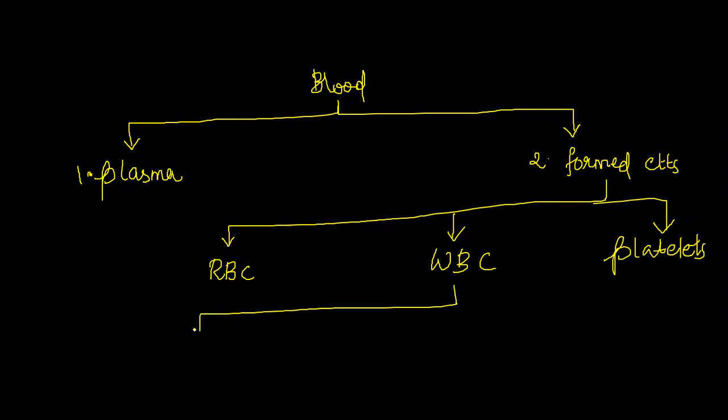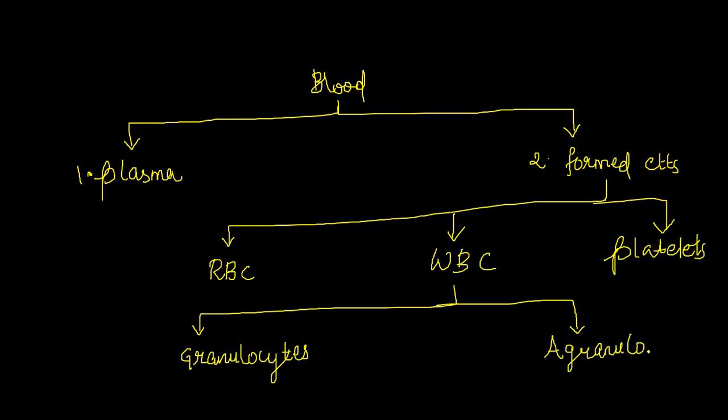WBC can again be classified. I'll not be explaining each and everything. Some of the things you know, that is why I'm mixing it and saying. WBC can again be divided into granulocytes and agranulocytes. What do you mean by granulocytes?